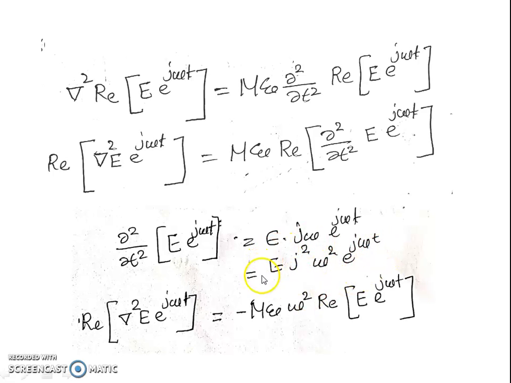We put this value instead. Then the equation becomes minus mu epsilon omega square Re E raised to j omega t. We know the value for j square is equal to minus 1. So applying those values here, we get the equation like this.